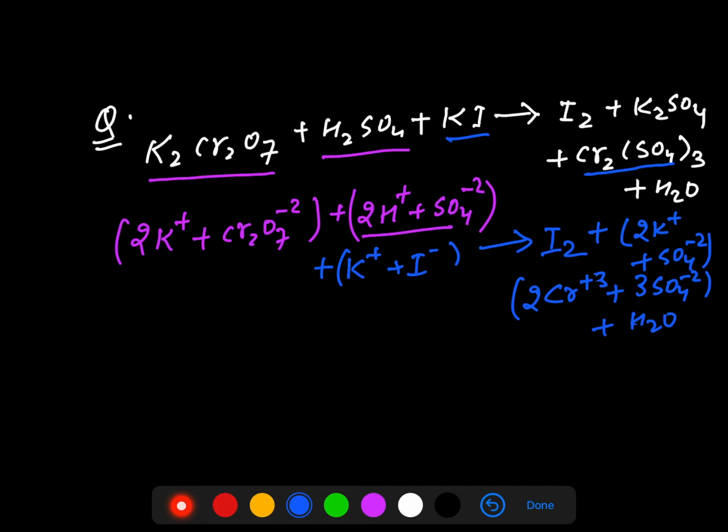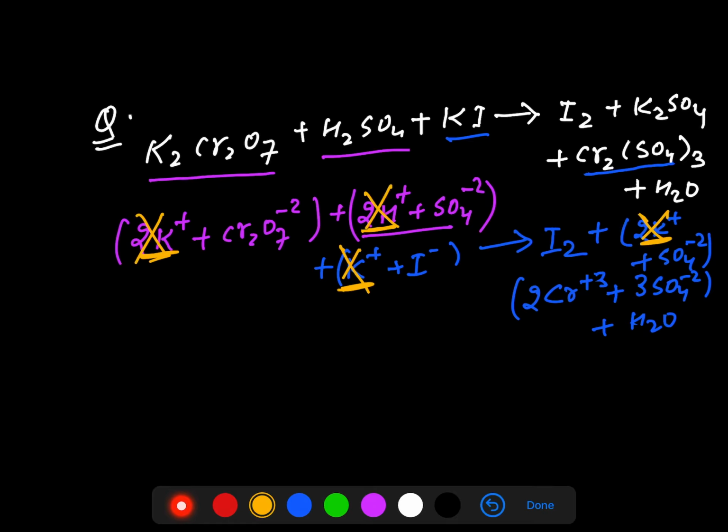Now, this time we have more spectator ions, beyond hydrogen and water, right? What are the spectator ions? If you can identify, potassium is nowhere changing its oxidation number. So let's remove K plus. It's a spectator, we'll bring it back later on. Hydrogen is also not participating in the redox, so we remove H plus.